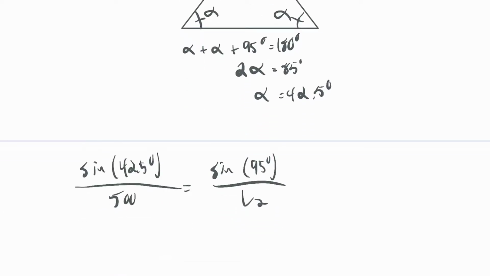So if I cross multiply, L2 times sine of 42.5 degrees equals 500 times sine 95 degrees.